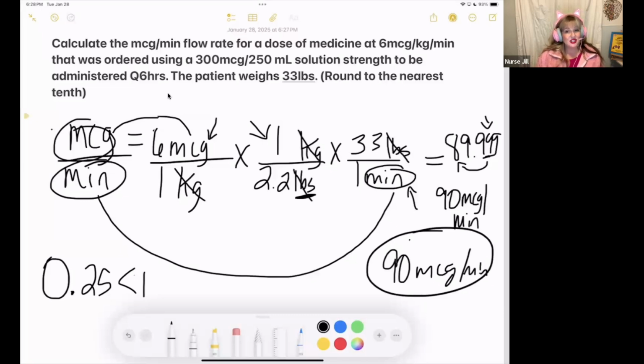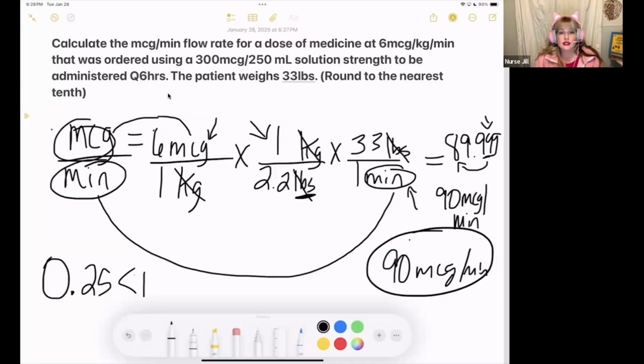Now, did you catch the other distractor that's in this question? So do you see the Q6 hours there? That could be another distractor if you let it be, because if you incorporate the every 6 hours into this, you need to find out actually how many micrograms they're going to get per day.